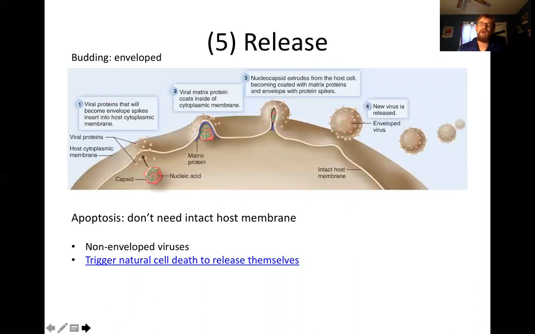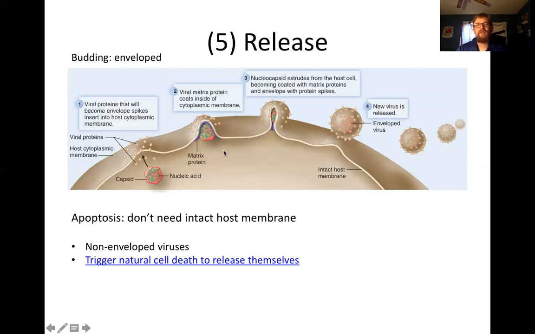Now, for release, here you can see, let's say you put together your capsid, your nucleic acids in it. You have viral proteins that attach to the cell membrane, right? That help get the cell membrane ready for this virus, right?